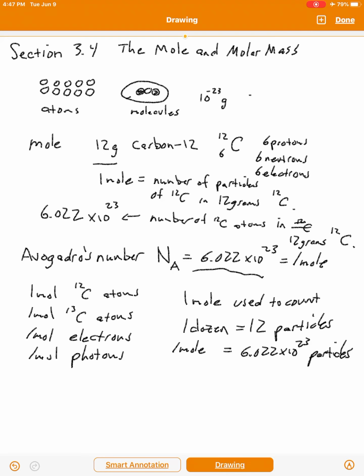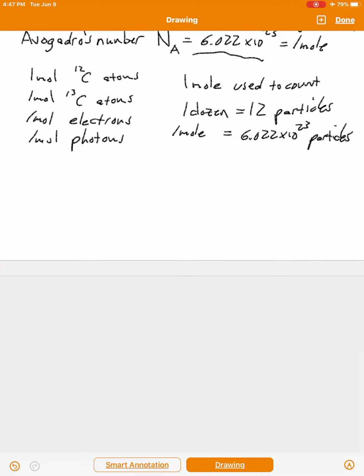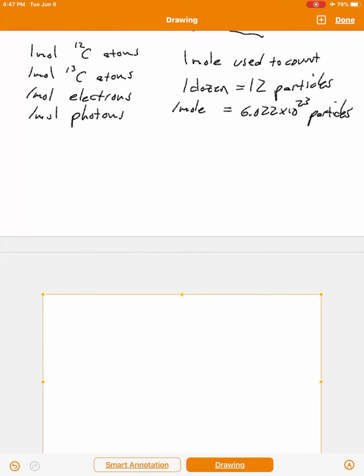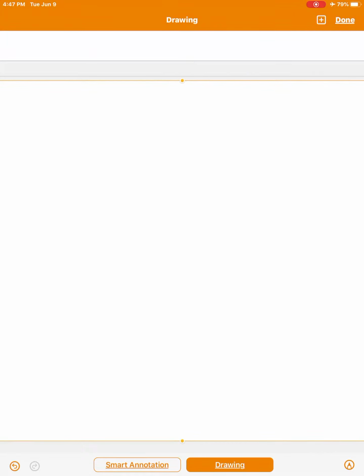So what I'm going to do is move on to a topic that is related to this, and it's called the molar mass. Okay.